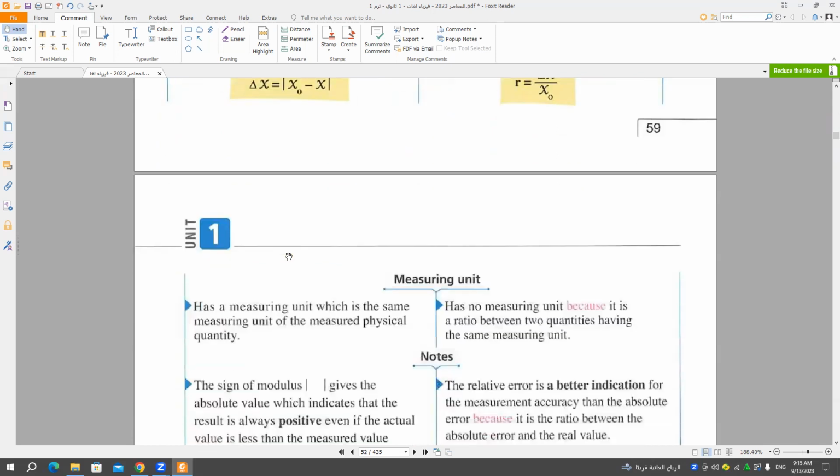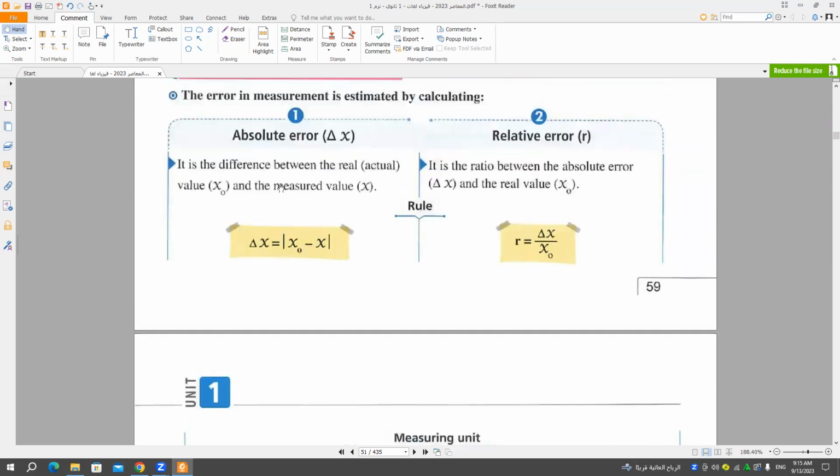Okay, absolute error has a measuring unit like the physical quantity.